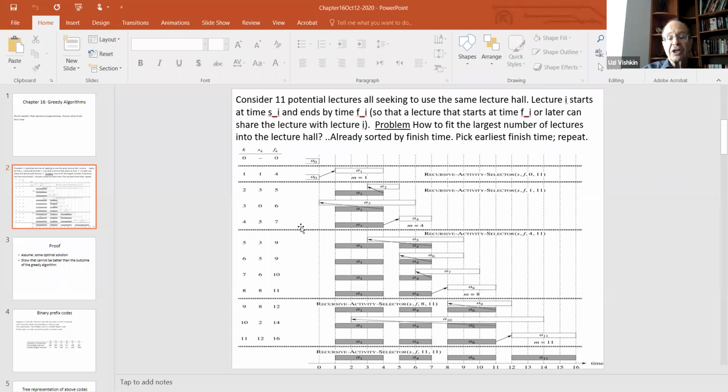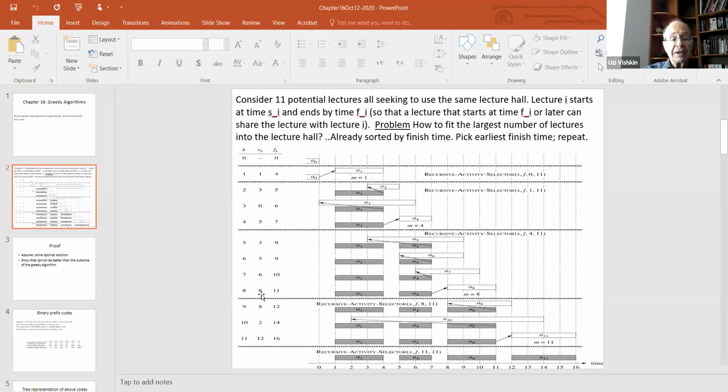What is the next lecture I will pick? It is lecture 4, right? Because lecture 4 is the earliest one in terms of finish time when I go through this order, and it's the first one that doesn't overlap. So I pick lecture 4 that goes from 5 to 7. And then I start going through the remaining lectures, 3 to 9, overlaps, out. 5 to 9, overlaps, out. 6 to 10, overlaps, out.